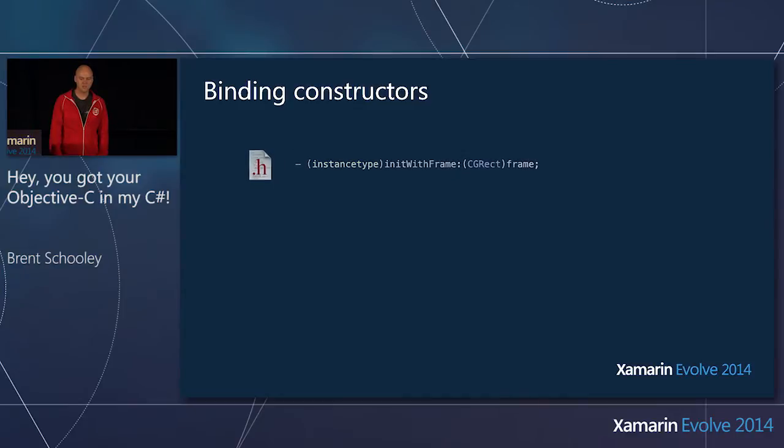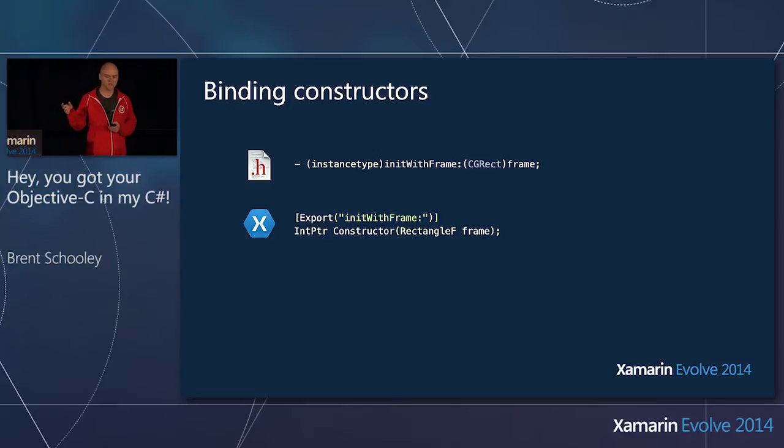Constructors. Not surprisingly, constructors are a lot like methods. The difference here is the return type and one special rule kind of in the C#. But instance type is just a pointer to an object. And then we're taking a frame. So this is out of UIView's constructor, init with frame. So we export out init with frame, taking 1 parameter.